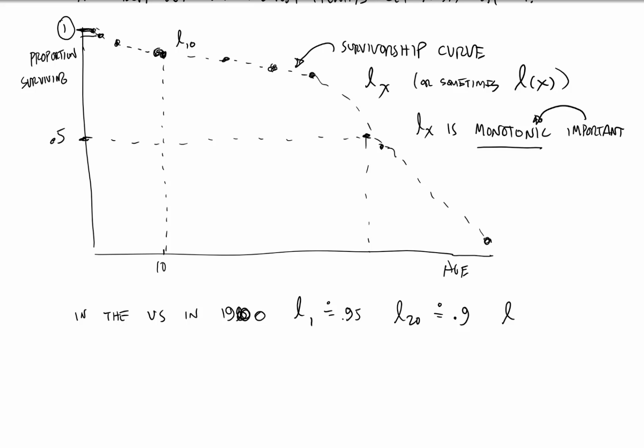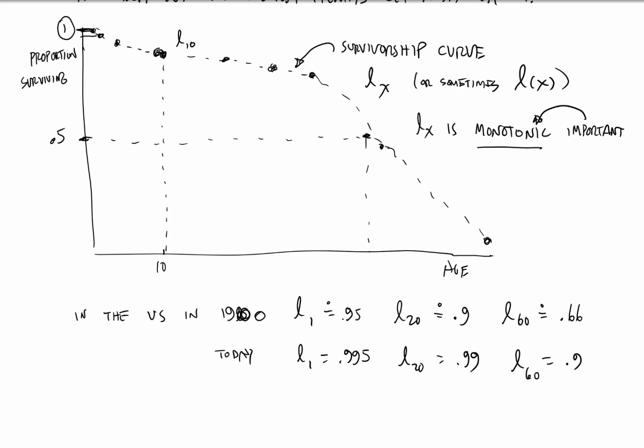L60 was approximately 2/3, around 0.66. Today in the United States, L1 is 0.995, so quite a bit better. L20 is around 0.99, and L60 in the United States today is about 0.9.